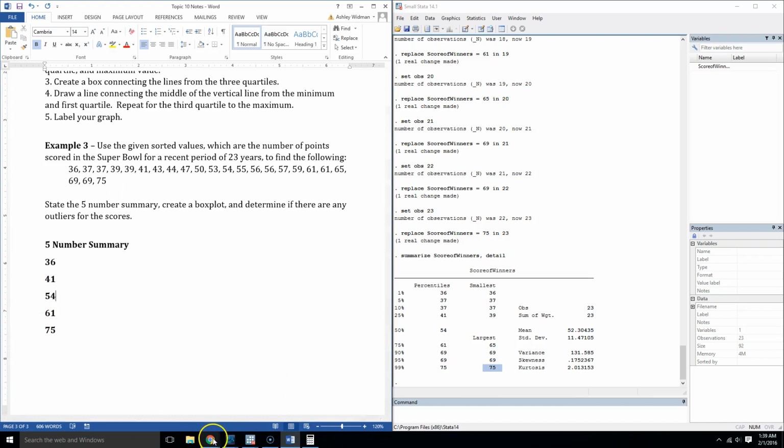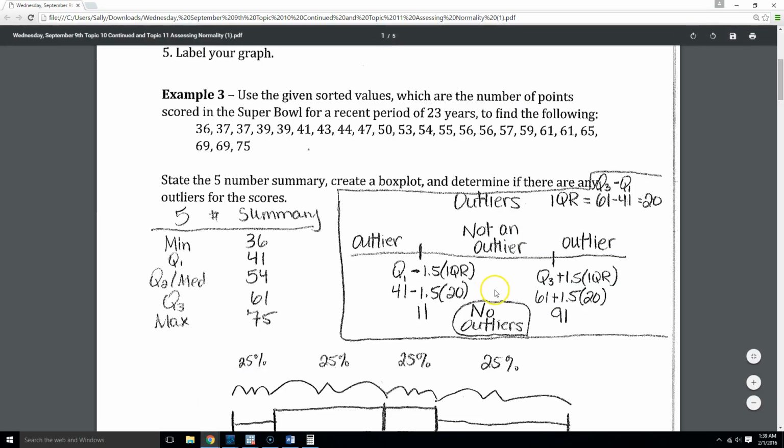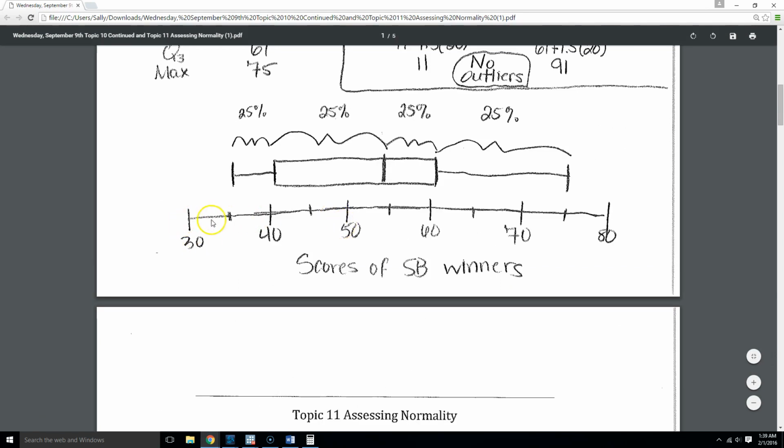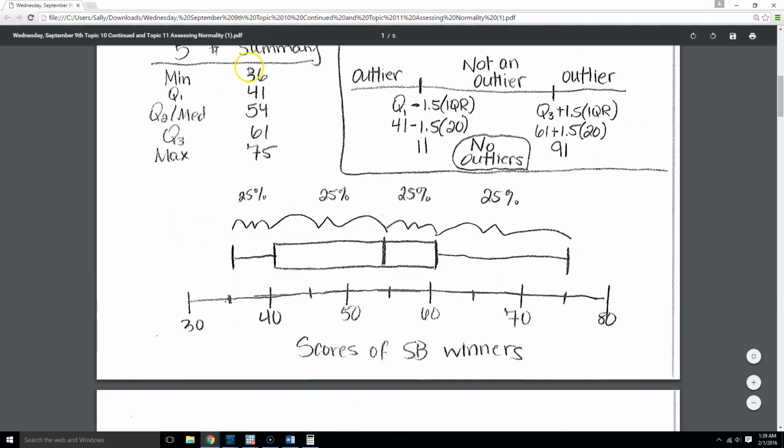So to create a box plot of this by hand, I would put a number line along the bottom. So my minimum was 36 and the maximum was 75. So this is not done on a grid or anything. This is just to roughly construct this box plot.